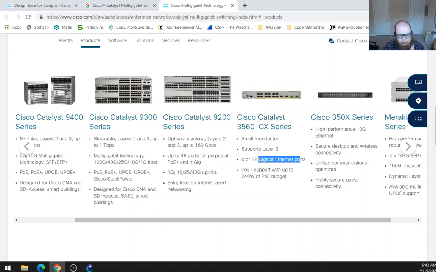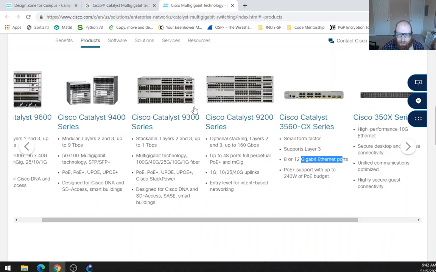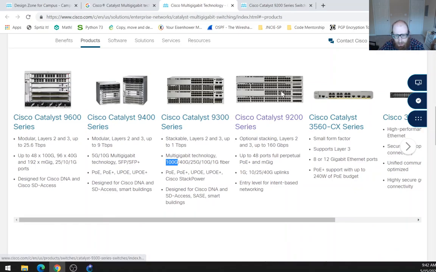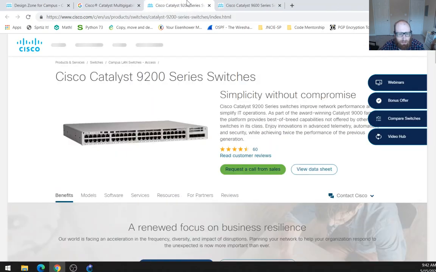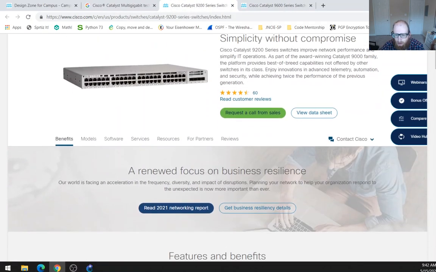It doesn't seem to have enough bandwidth, but this looks good because it's got 1, 10, 25, and 40. So if you buy this, you're going to be good long term, because you got that extra 100. But this I think is probably the best investment long term. This one looks good too. It just depends on what you need. But let's look into this one.